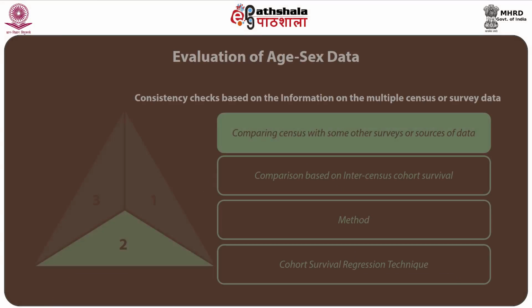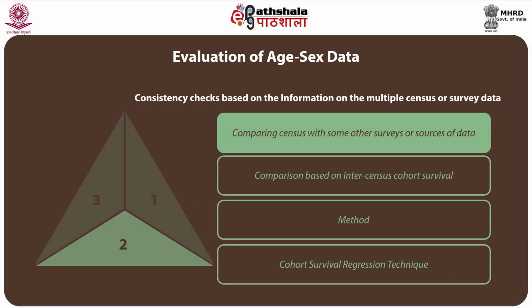There are several techniques to estimate and evaluate the age-sex information from two or more data points. One such possible technique is comparing census with other surveys or sources of data.